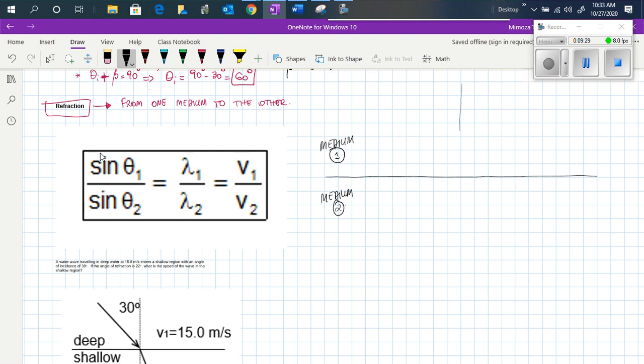So this surface has that normal that is perpendicular to the surface, and we said why it is like this.